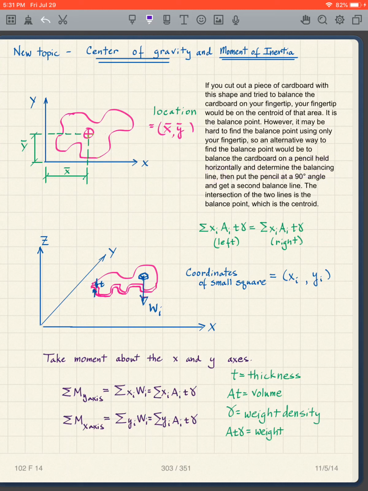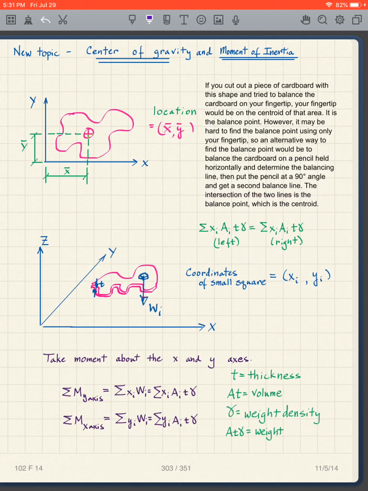So you have a line on your cardboard, then turn the pencil 90 degrees and get a second balance line. The intersection of those two lines would be the balance point, which is the centroid. So if you try this out, that's one way to find it from a more practical perspective.